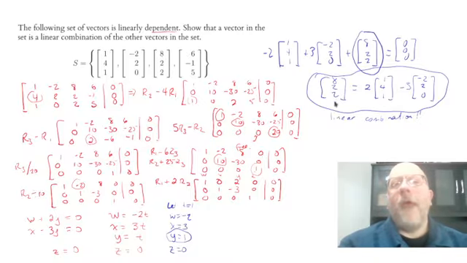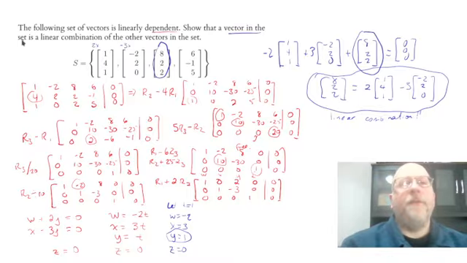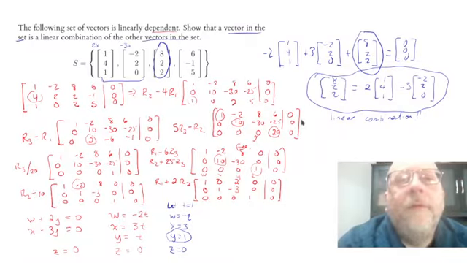This vector here, 8, 2, 2, is a combination that we get if we weight this vector by 2 and this vector by negative 3. So this vector is in the set, and it's a linear combination of other vectors that are inside the set.